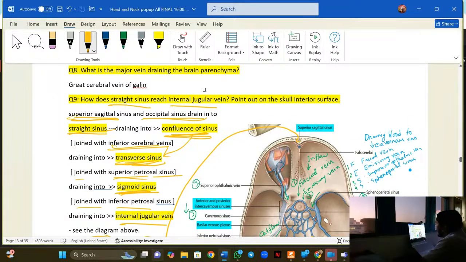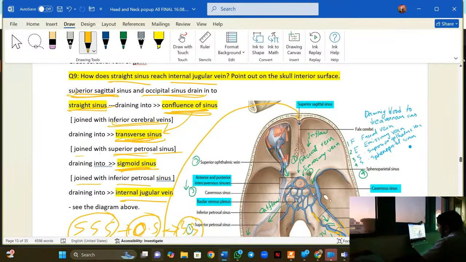Superior sagittal sinus with occipital sinus drain into the straight sinus. Confluence of sinuses with the inferior cerebral vein drain into the transverse sinus. Confluence of sinuses joined with the inferior cerebral vein and superior petrosal sinus drain into the sigmoid sinus.